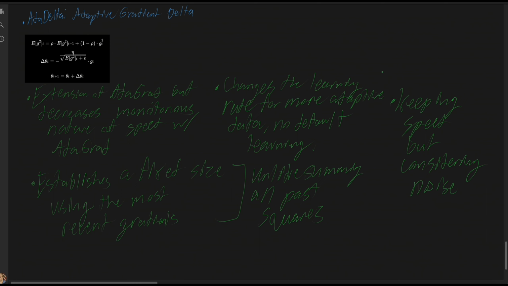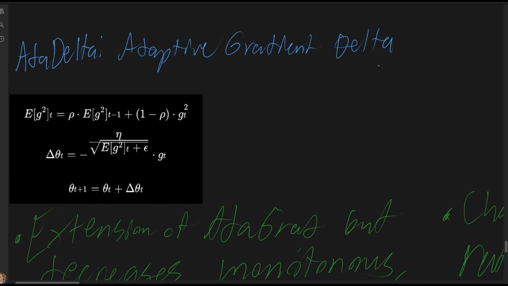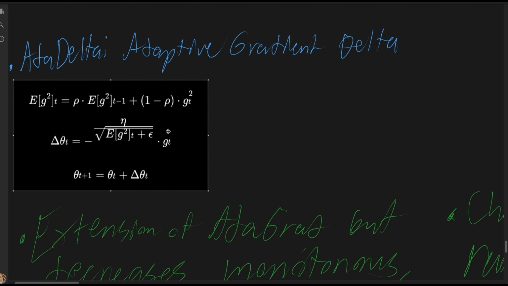And let's go over the symbols. The following symbols that we have for AdaDelta will be the following: E of g squared at time t, the running average of squared gradients.